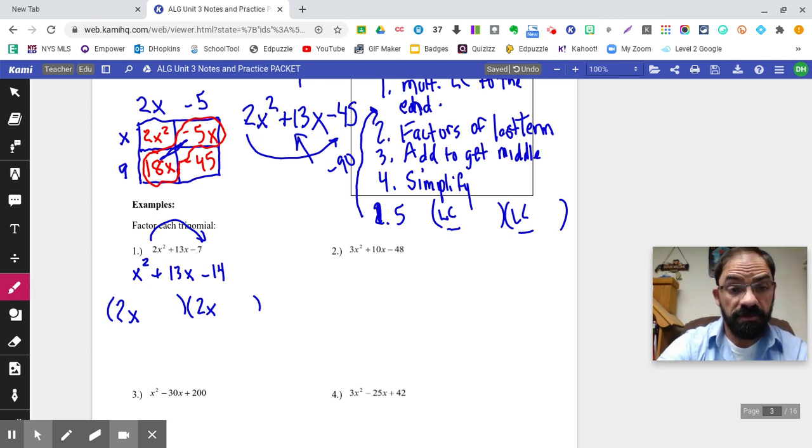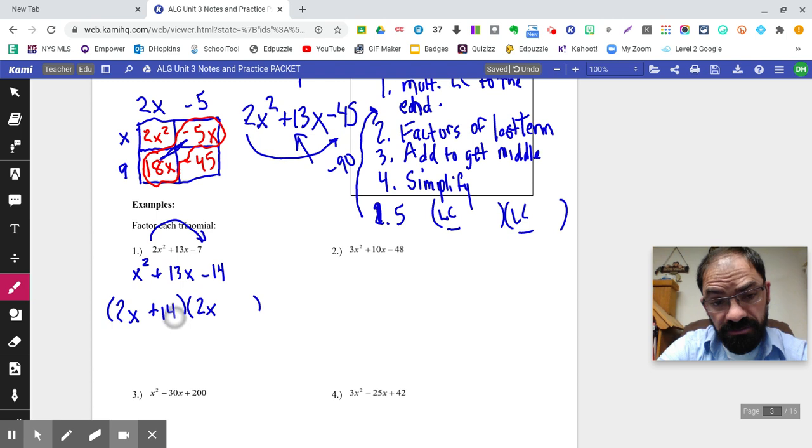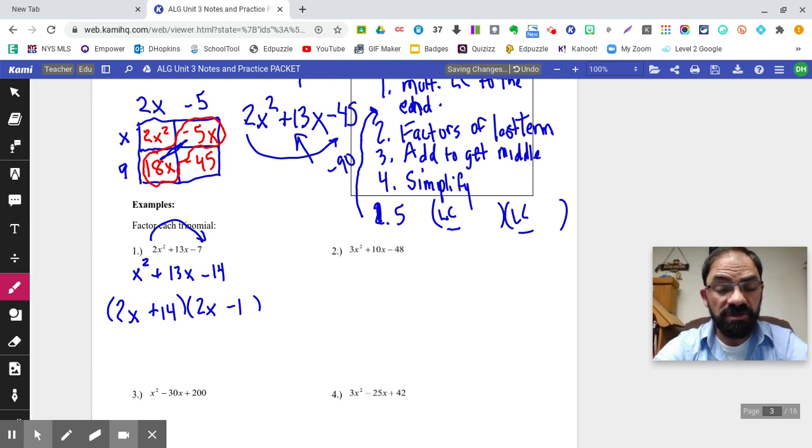Now, factors of -14 that add to get 13. Those factors are positive 14 times -1. These two numbers add to get 13, and they multiply to get -14.